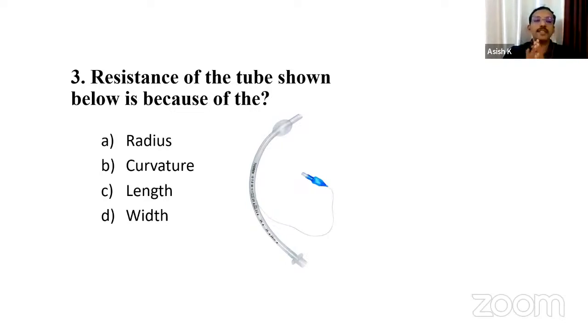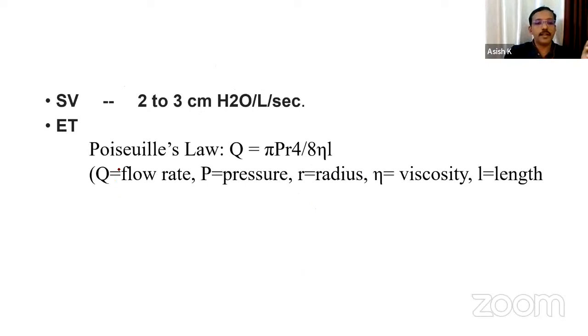Now, resistance of the endotracheal tube: we know it has very commonly used radius, curvature, length, and width. If you talk in terms of any tube, the resistance across any tube is given by the Hagen-Poiseuille law, which connects the resistance, the diameter, the pressure drop across, the viscosity and the length of the tube.